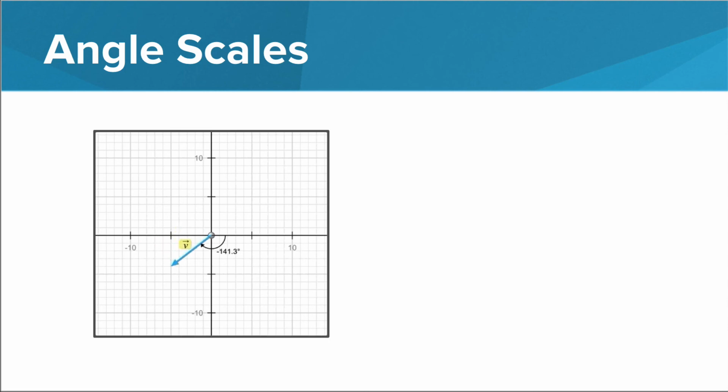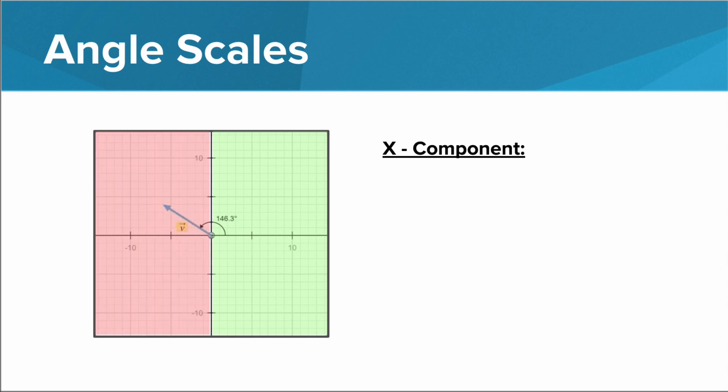It's pretty simple. You measure all of the angles from the positive x-axis. Above it, you have a scale of 0 to positive 180. Below it, you have a scale of 0 to negative 180. With this scale, the trig calculations will automatically determine the positive and negative directions. For example, let's take the x component. We want every x component pointing to the right to be positive, and every x component to the left to be negative.